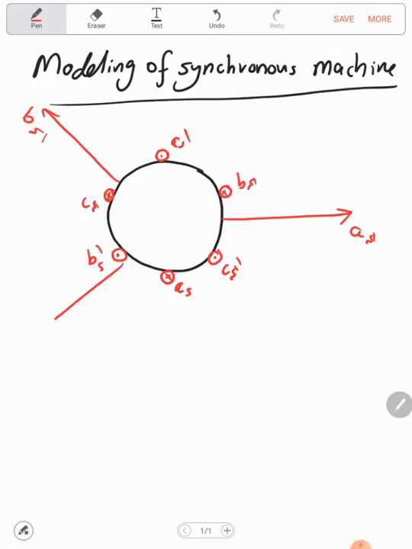So this will be the CS axis. And let's assume that we have a salient rotor in which the air gap is not uniform.